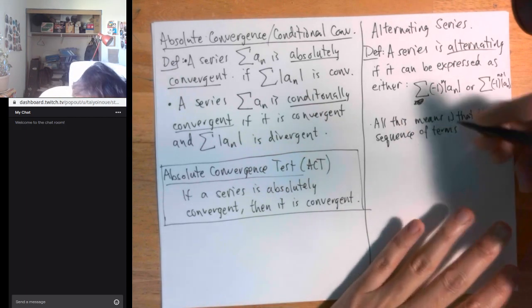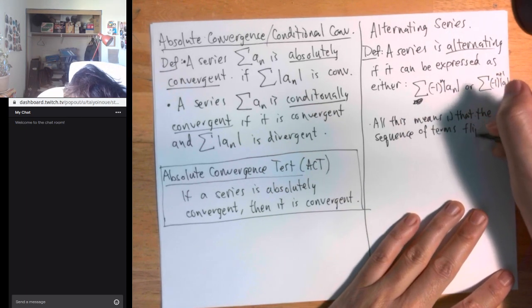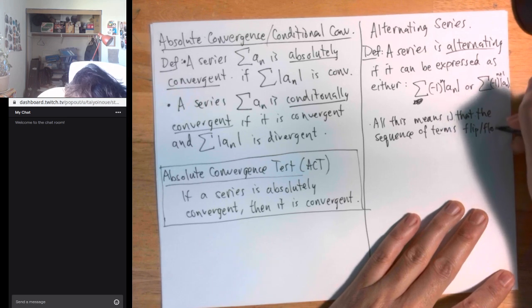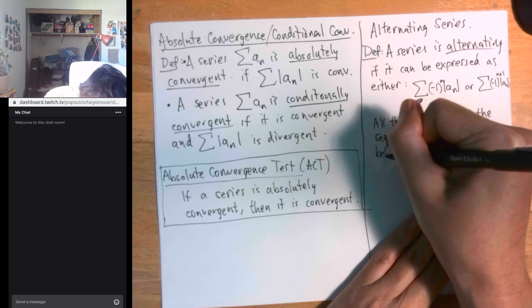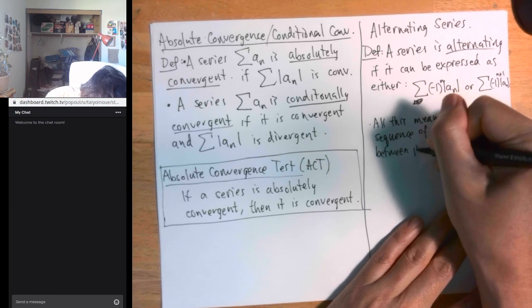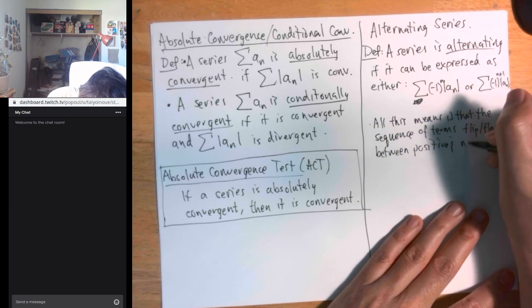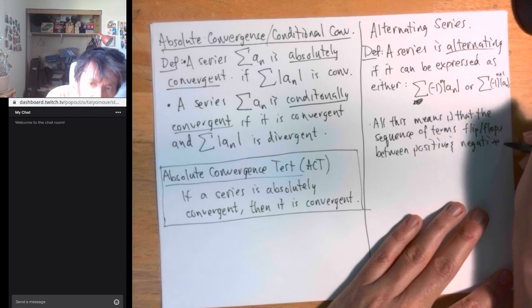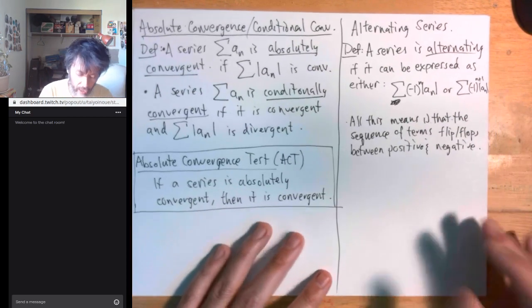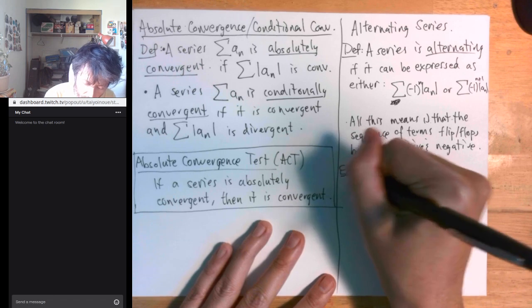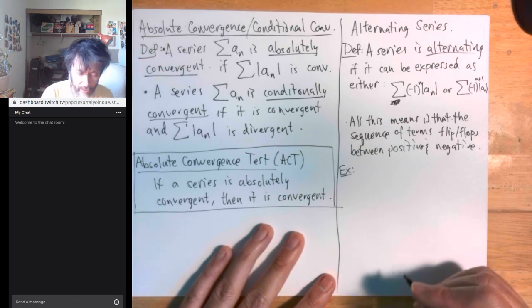All this means is that a sequence of terms flip-flops between positive and negative. I swear I'm going to give you an example right now. The examples are easy to write, okay? Because, for example, here's probably the most famous alternating series.